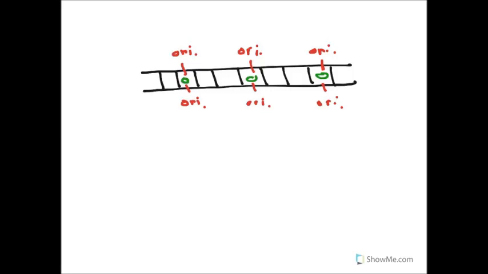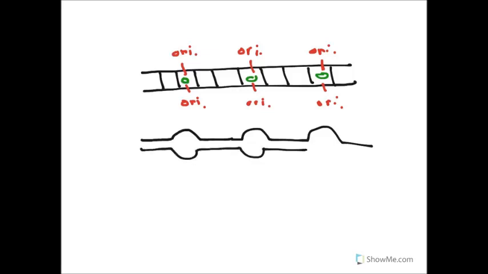So when this happens at these origin sites of replication, you will form a little bubble. And these bubbles are forming because the enzymes of replication that we're going to talk about in just a moment are wedging in there and separating these, forming what we refer to as a replication bubble.